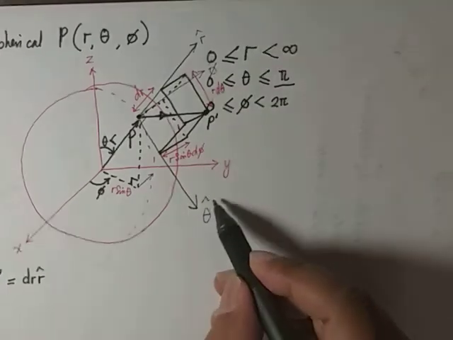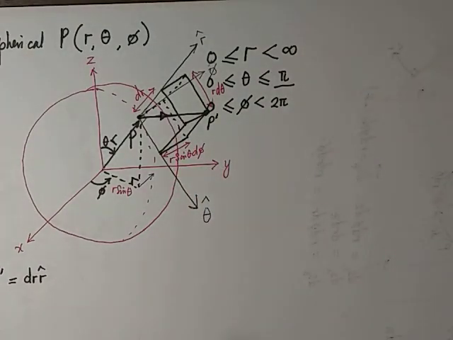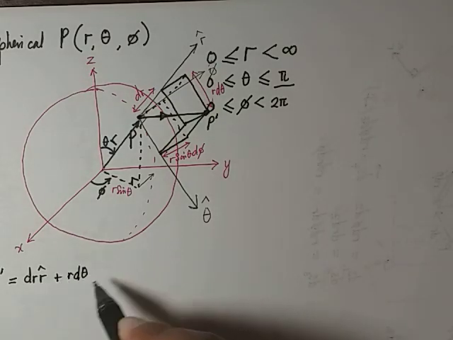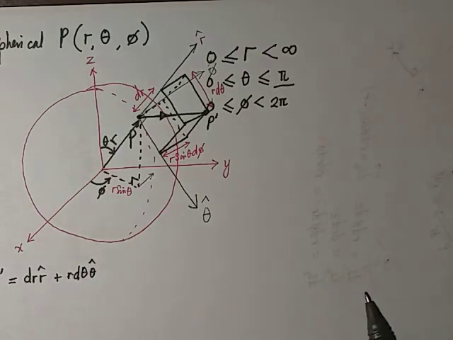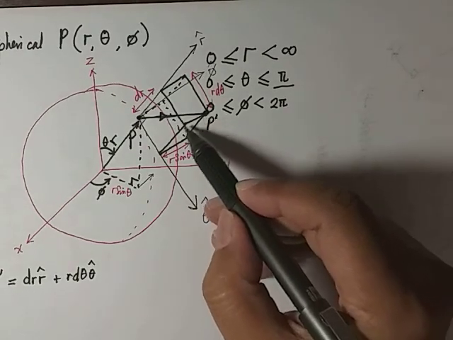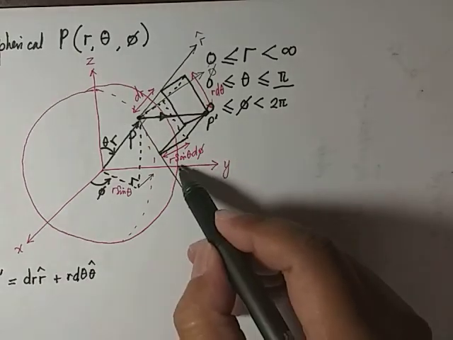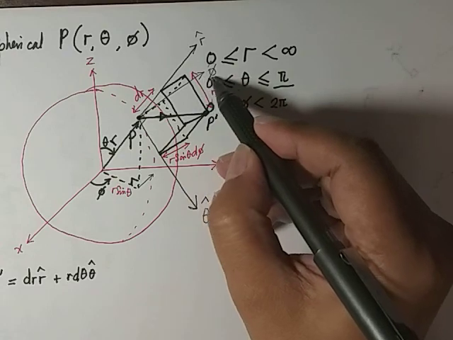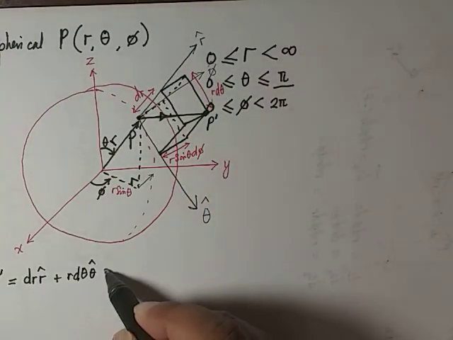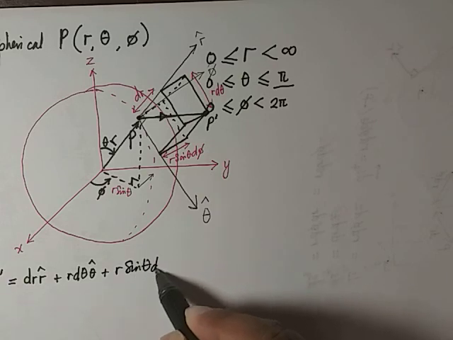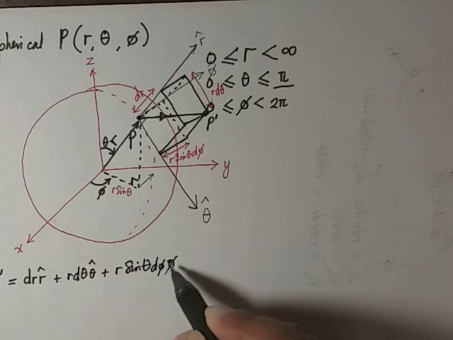Since moving downward, you can see it's positive theta. So plus r d theta in the theta direction. I'm always confusing theta and phi symbols. Sorry about that. And finally, I'm going to follow this phi component. Magnitude r sine theta d phi, since this direction obeys the positive sense of phi. So plus r sine theta d phi in the phi direction.